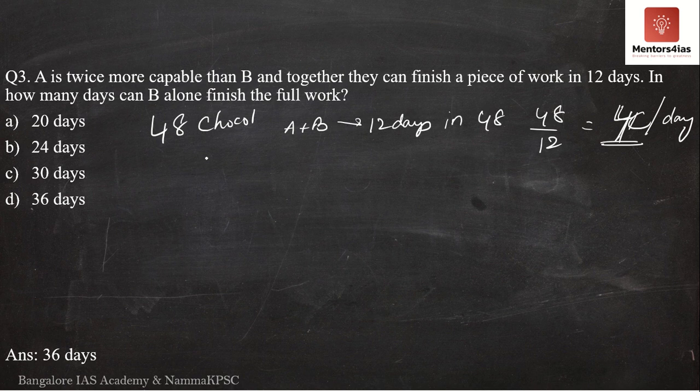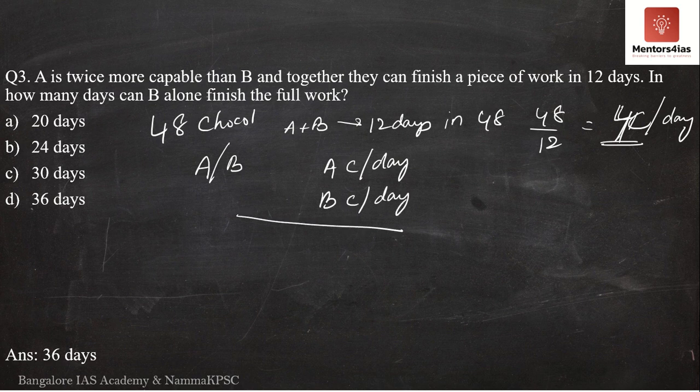Now, I don't know the number of days taken by A, therefore I don't know the number of chocolates eaten by A, neither do I know the number of chocolates eaten by B. So what I'm going to do is say let it be A chocolates per day, let it be B chocolates per day. When I add both of them, I should get 4 chocolates per day. That is, A plus B should be equal to 4 chocolates per day.